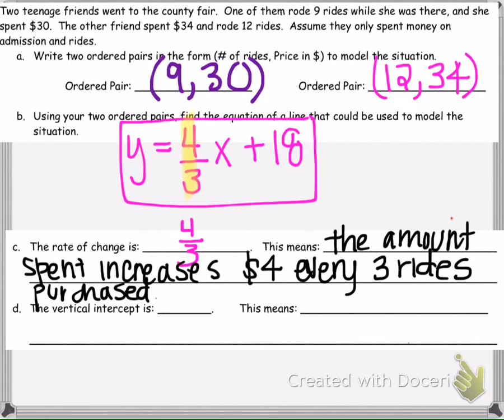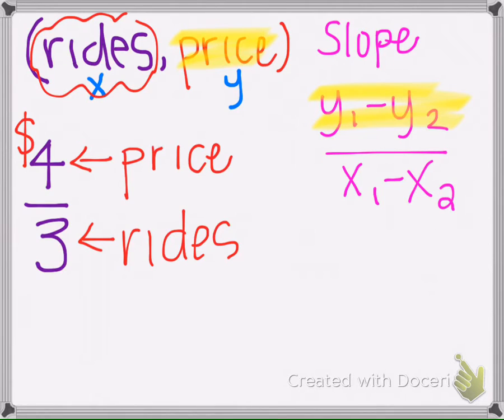Now another answer we could have is if we take the rate of change and we convert it to a unit rate. So to do that, we divide. So if we divide 4 divided by 3, we're going to end up getting 1.3 repeating.